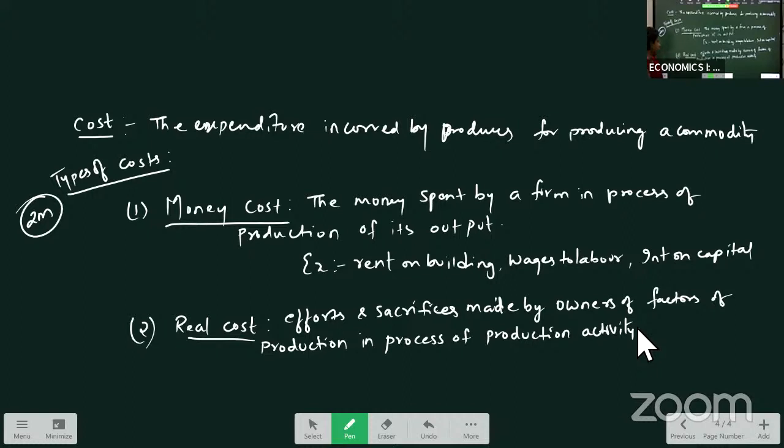Then the next type of cost we have is opportunity cost. What is this opportunity cost? It is also called alternative cost. We'll do it on the next page. So, the next important question, this one.